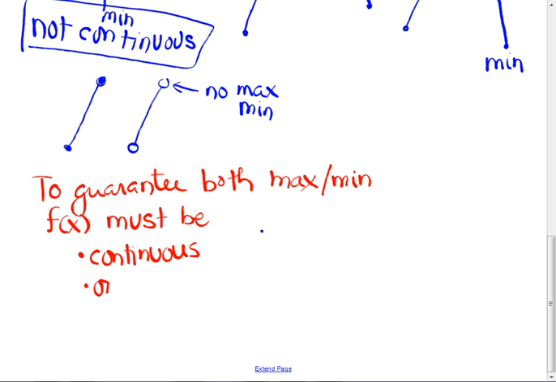That's a guarantee. That's a promise. So when you are on the exam, and they talk about finding a max or minimum, and you see a closed interval, you're going to say, yes, there's a guarantee, I know they're there.